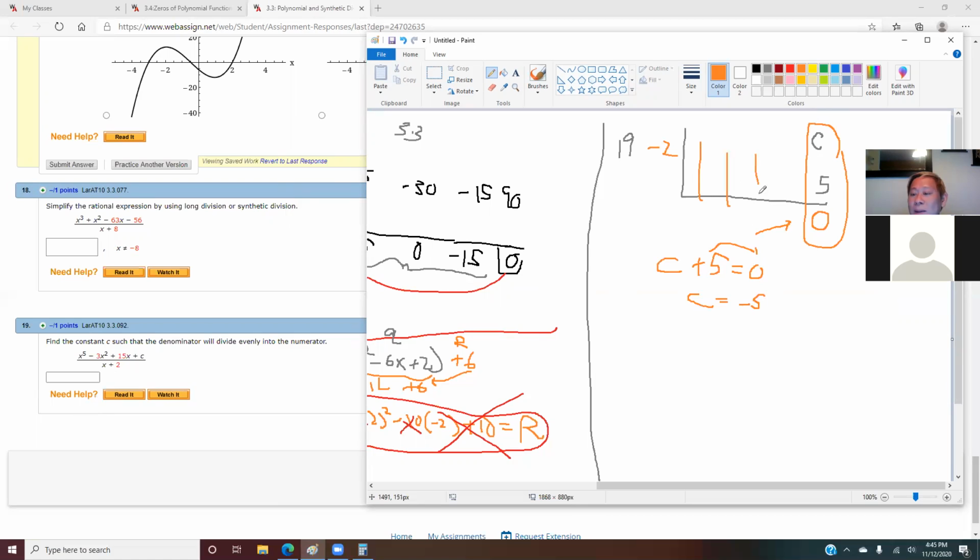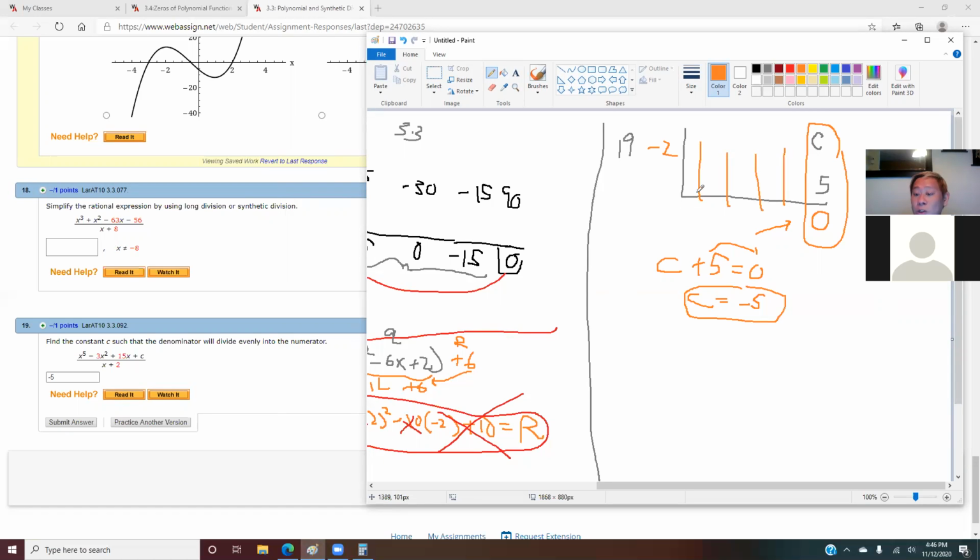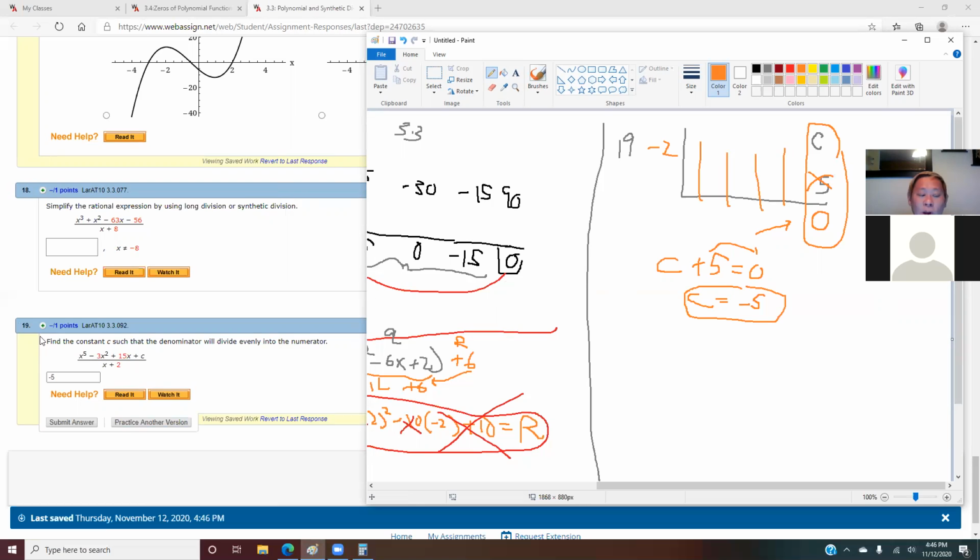You do the same synthetic division until you reach this part. You just take this C plus whatever number you have here equals 0, and solve for it. If you get -5, that is your answer. This is just an example. This is not 5, this is something else. I don't know what it is, I just gave an example.